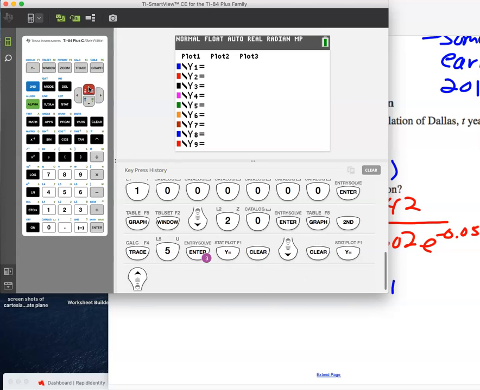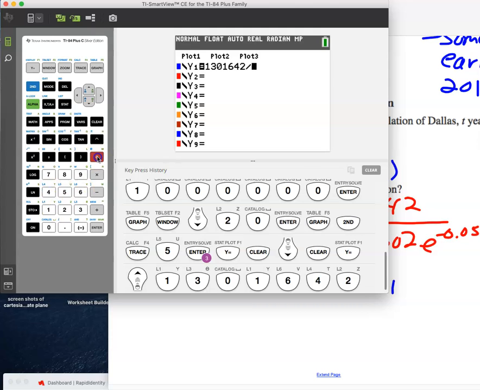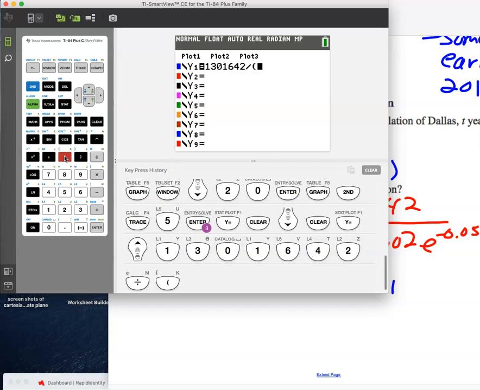All right, so backing up here. 1,301,642 divided by, and you'll notice I didn't use parentheses on the top this time, and that's totally fine. Either way, use parentheses or don't, it'll give you the correct answer, as it'll follow the order of operations. And then on the bottom, we have to use parentheses for our 1 plus 21.602.